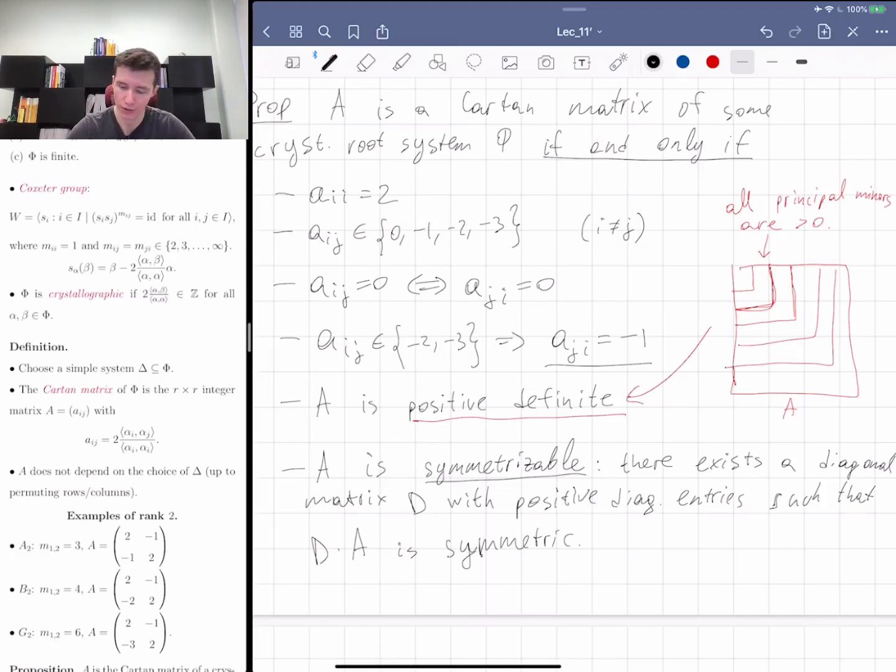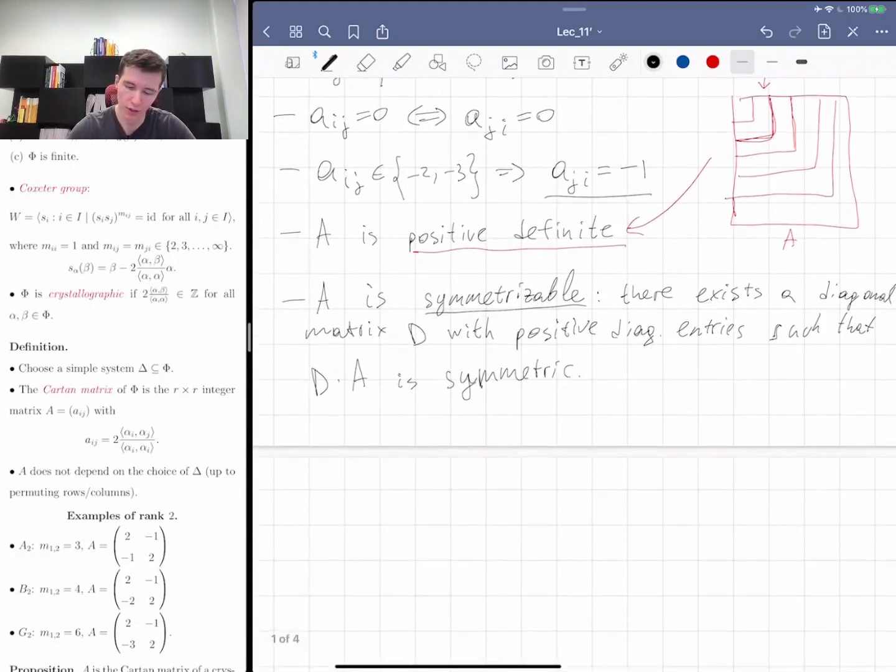So why is it true that a Cartan matrix is always symmetrizable? If you look at the entries of your Cartan matrix, even though it is not symmetric when you swap i and j, if you multiply each row by the denominator, then the result is going to be symmetric.